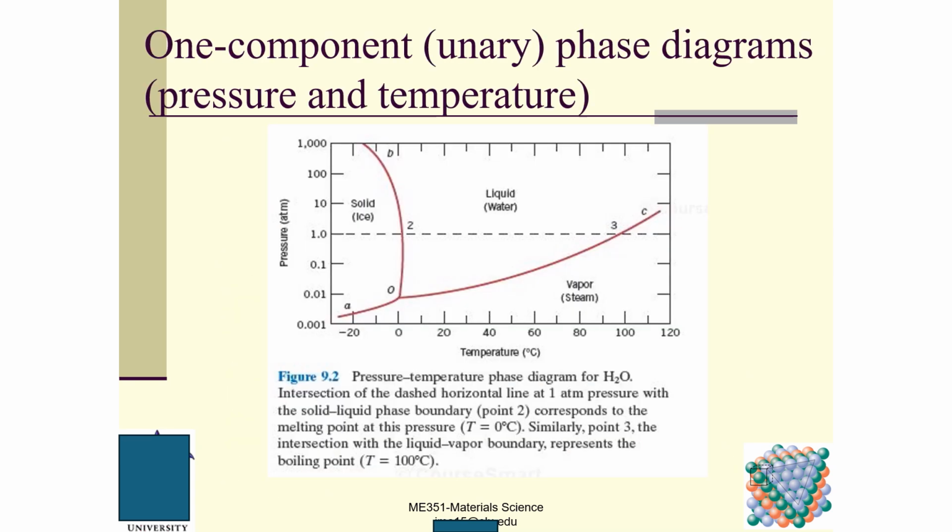Then we talk about the one-component unitary phase diagram. This is pressure and temperature for one component. The most commonly seen example is water. Water has three phases: liquid water, solid ice, and the gas, which is vapor or steam. Here is the temperature, and this is pressure.